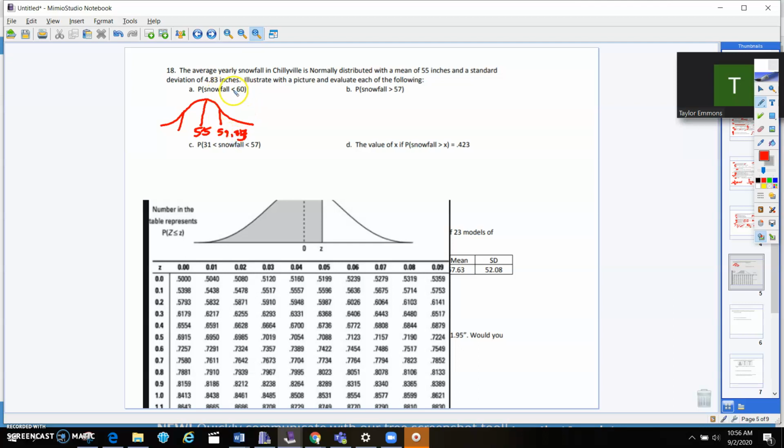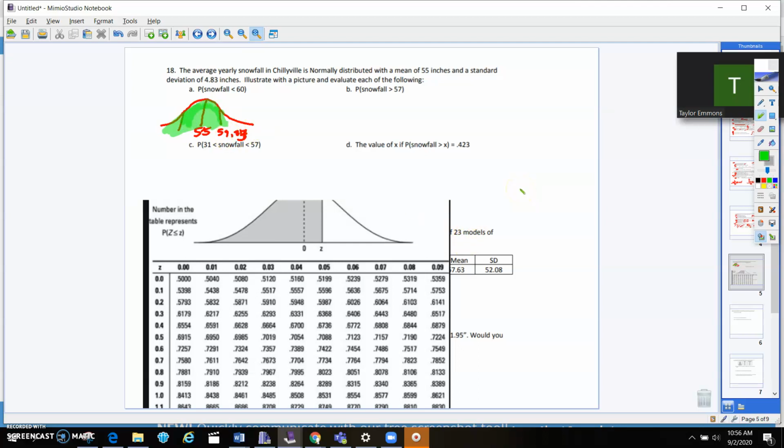And then we're trying to find the snowfall that is less than 60. So if I'm going to shade, and I'm sorry, it's so ugly, it's going to be below down here, right? That's going to be my picture.